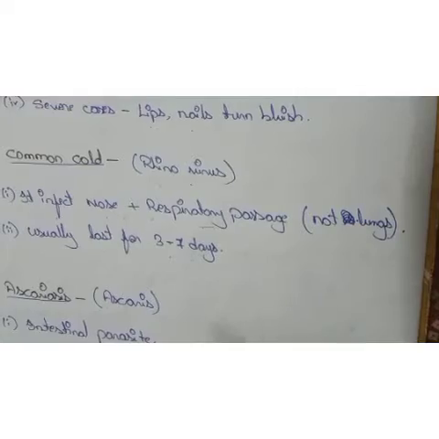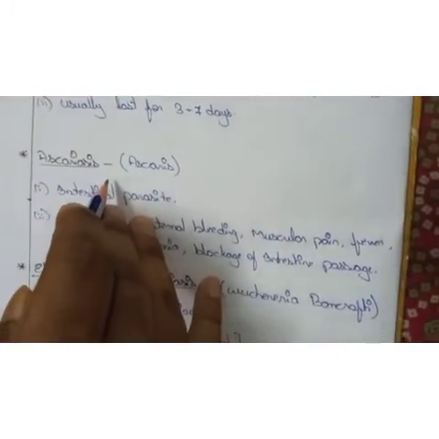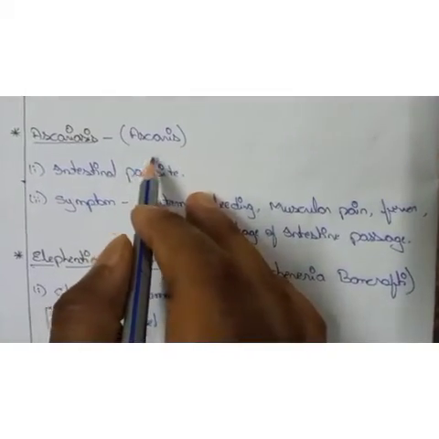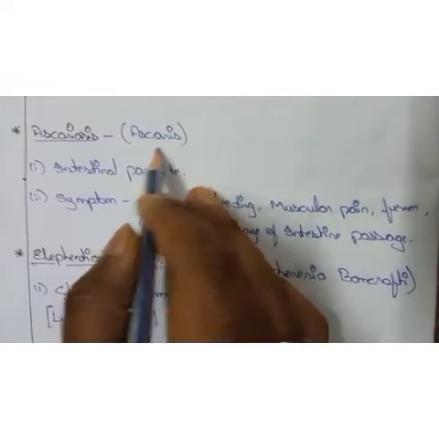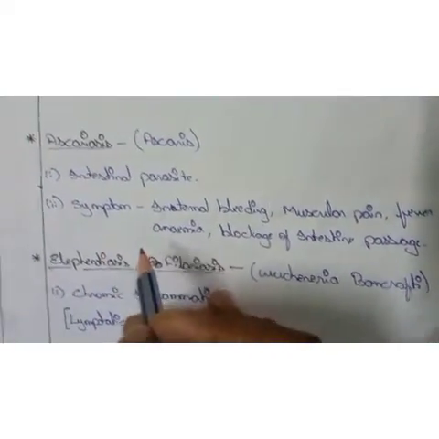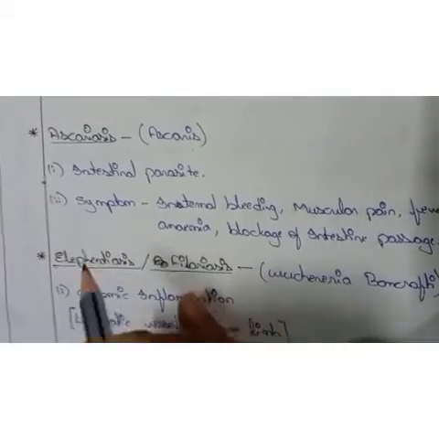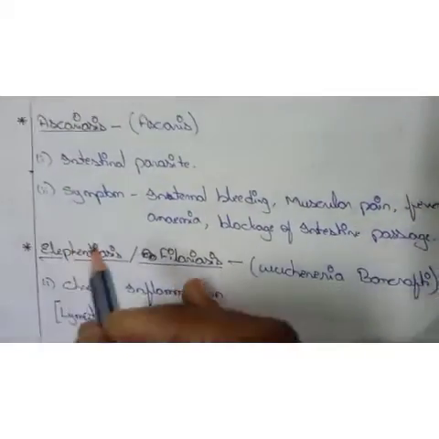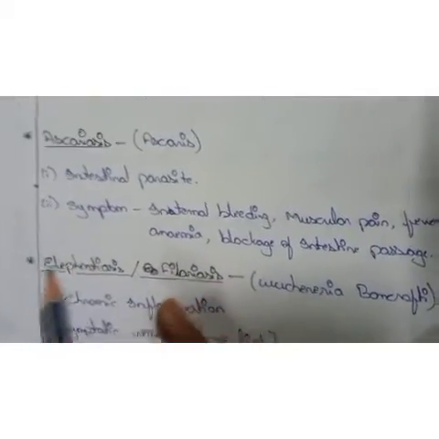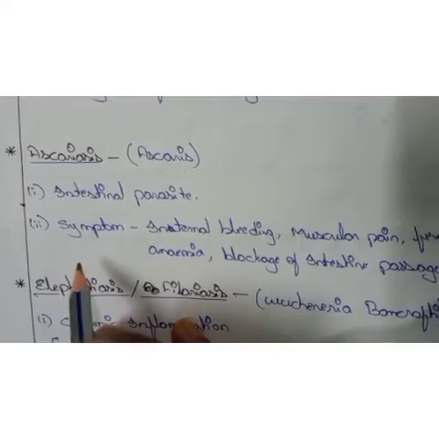Okay, next is ascariasis, and the causative agent is Ascaris. Okay, it is an intestinal parasite, a worm-like structure. Ascaris lumbricoides is a worm. It's an intestinal parasite.